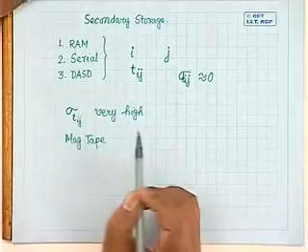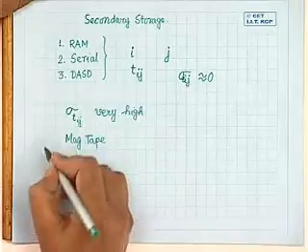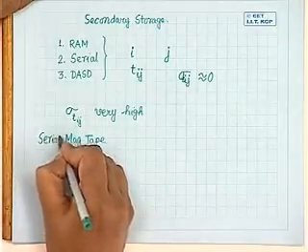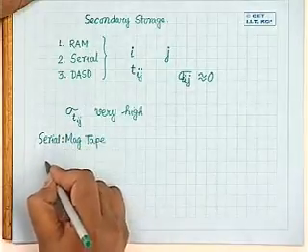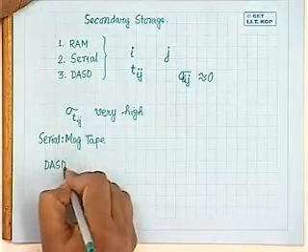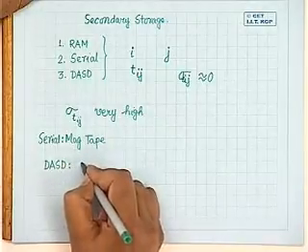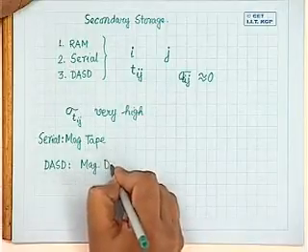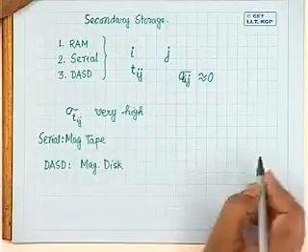So this mag tape is a serial storage device. And the typical examples of DASD can be disk, magnetic disk, that is the disk that we use.